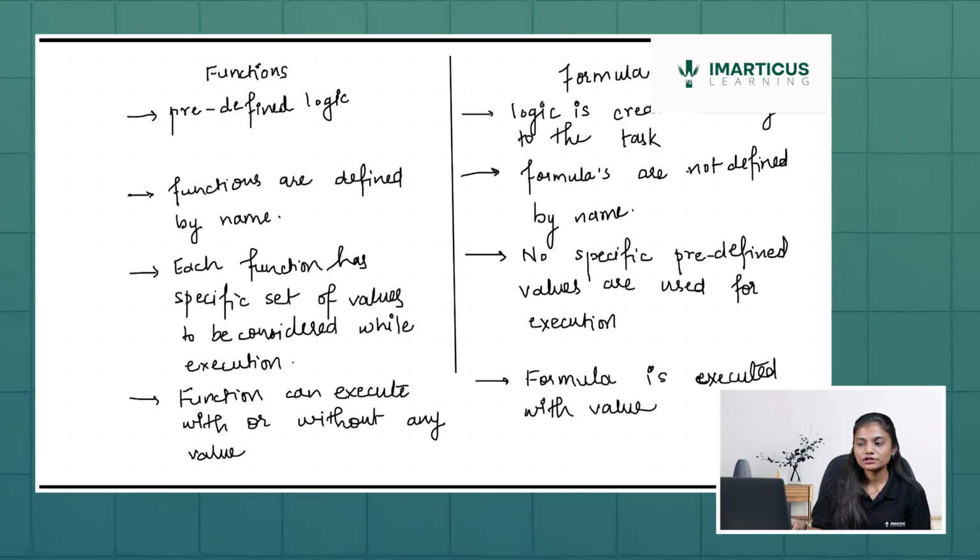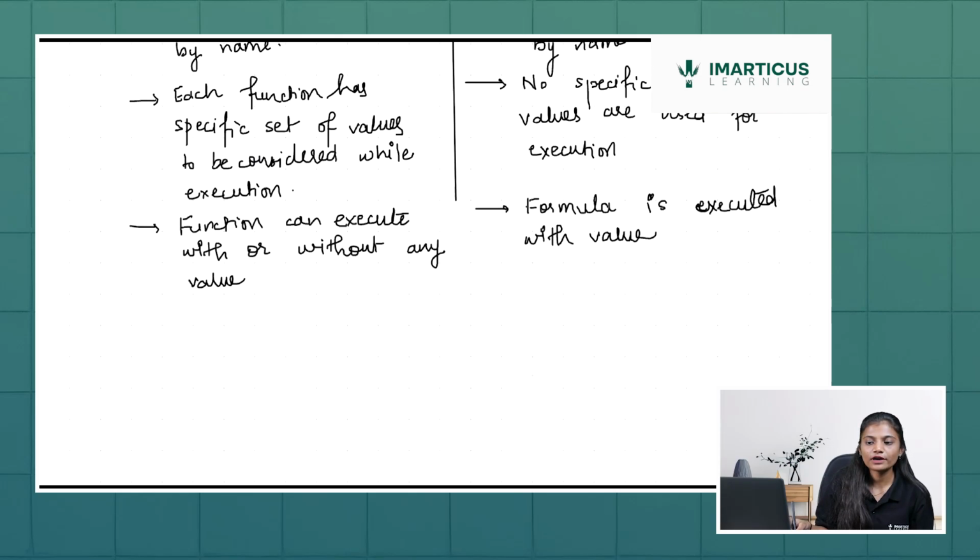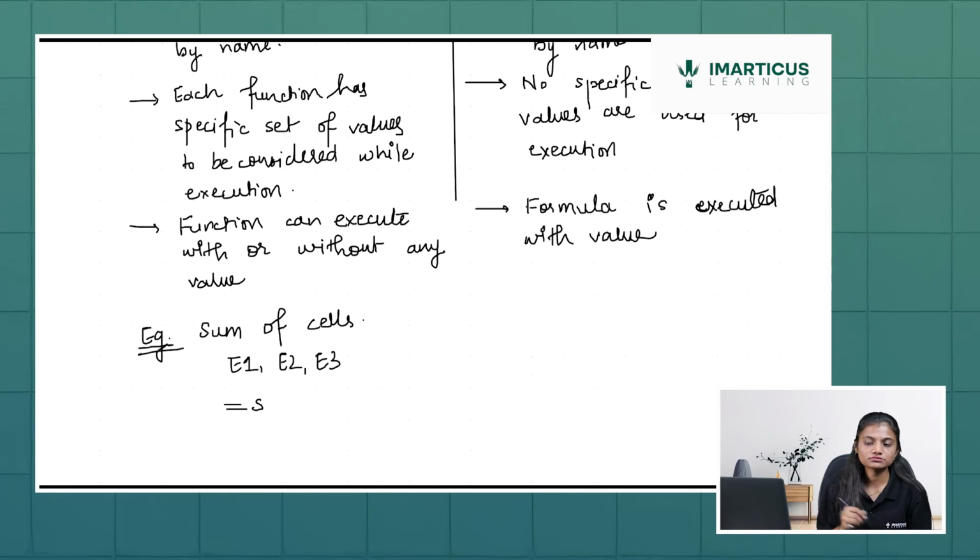Now, what is the difference? Let's try to see with an example. If I want to find out the sum of values, let's say I have values in cells E1, E2 and E3. If I want to find out the sum, what I'm going to write over here is SUM, knowing that calculations start with equals to.